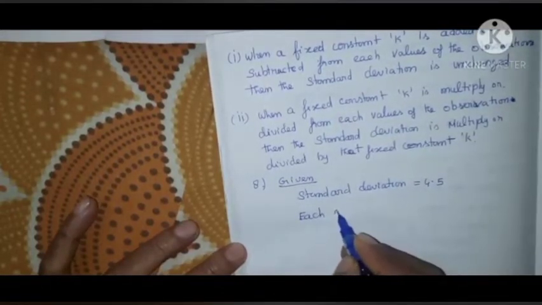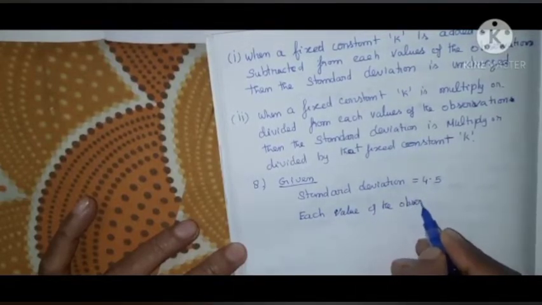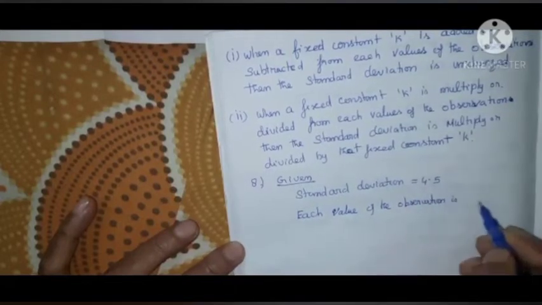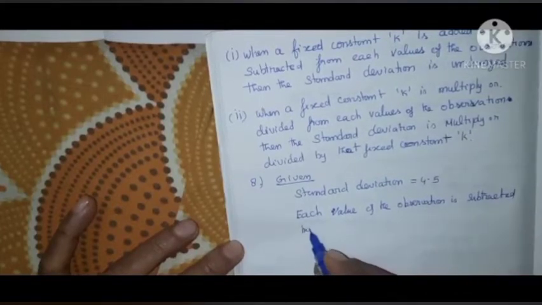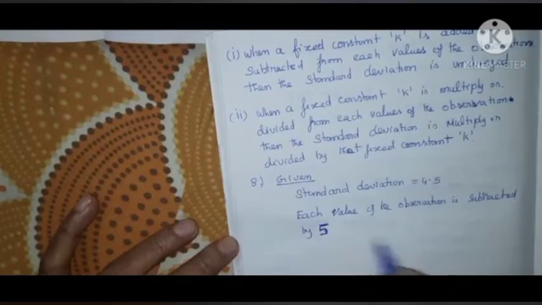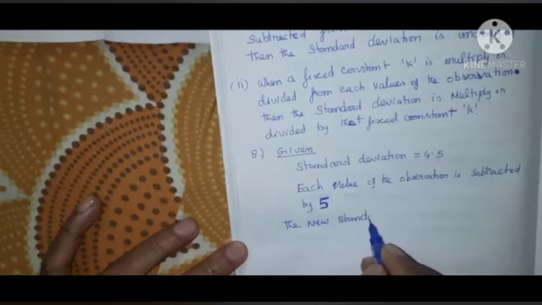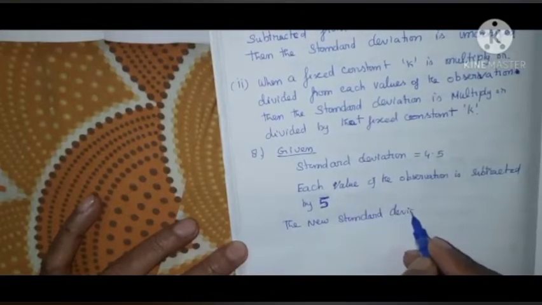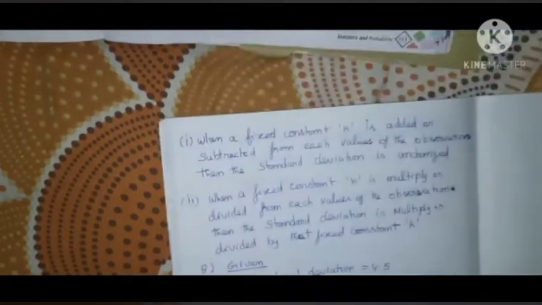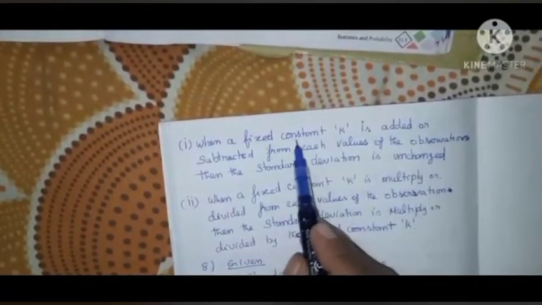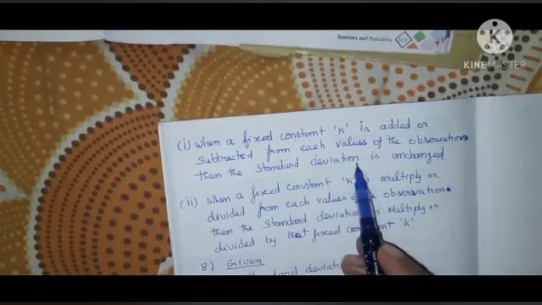Each value of the observation is subtracted by 5. The new standard deviation is 4.5. From the statement, when a fixed constant k is added or subtracted from each value of the observation, the standard deviation is unchanged.